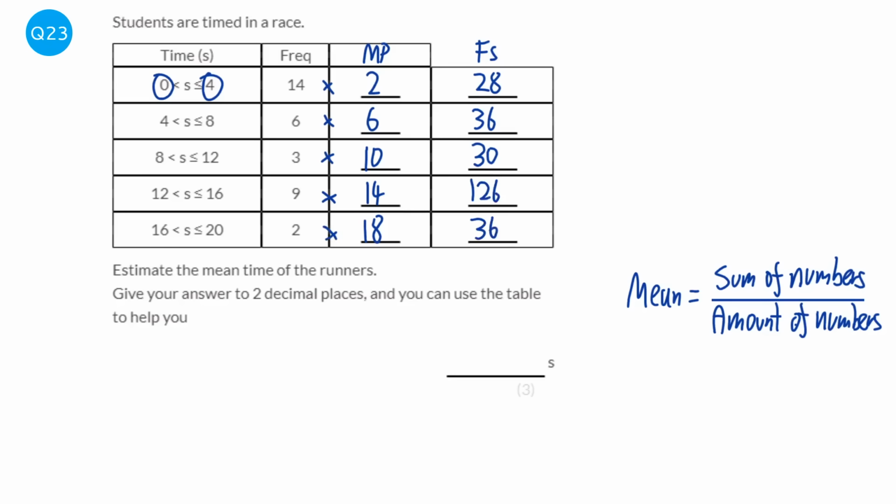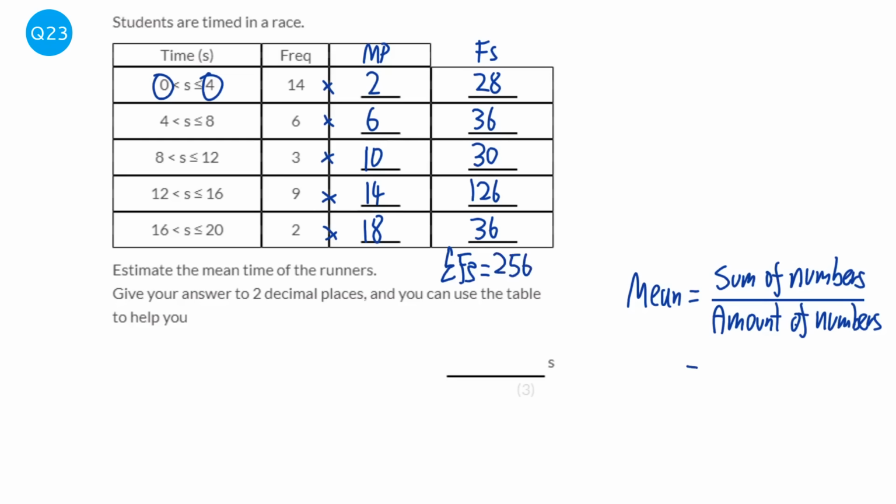Okay, next we're going to work out the sum of the FX. To work that out, we just add all of these up together. So we're going to do 28 plus 36 plus 30 plus 126 plus 36. And when you add them all up, you get 256.